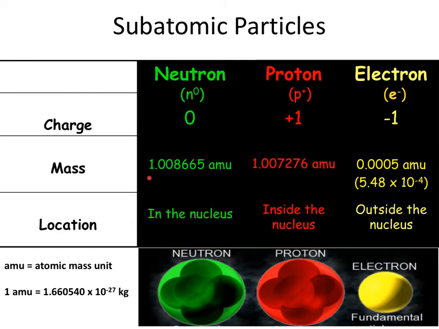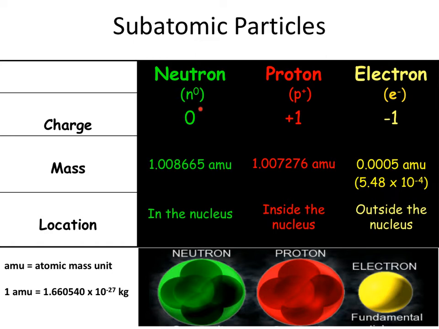Okay, so this is the mass of a neutron. It is bigger than the mass of a proton, not by much, but it is bigger. And then electrons are much, much smaller than either neutrons or protons. And that will come into play a little bit later in our lectures. So right now, neutrons, protons, then electrons. That is the order of decreasing mass.